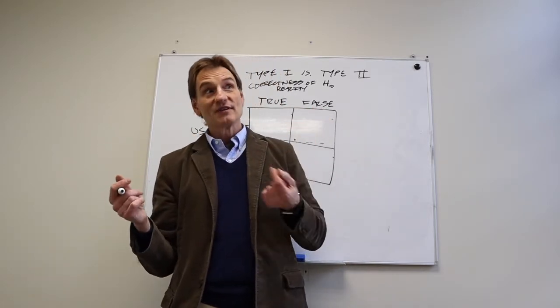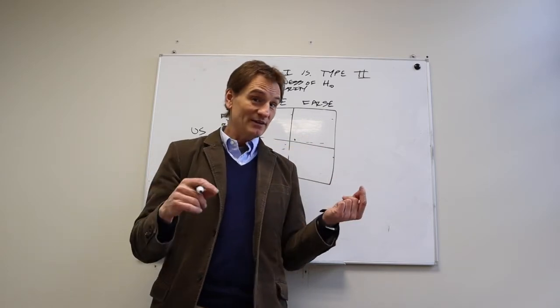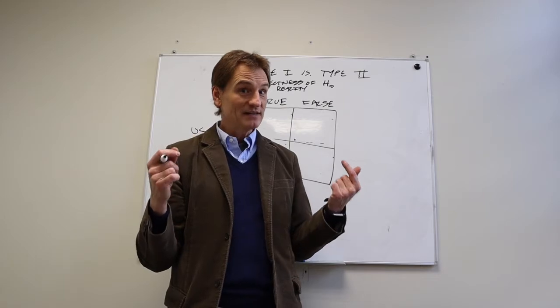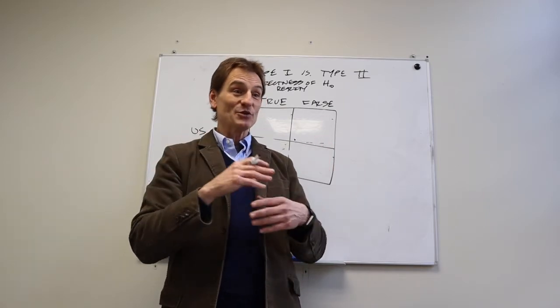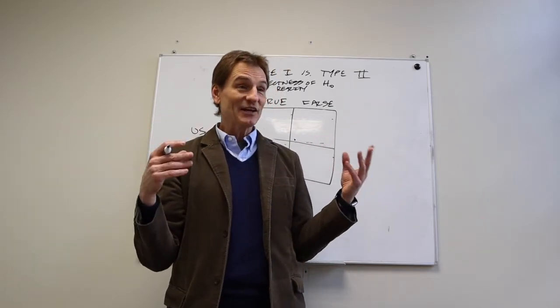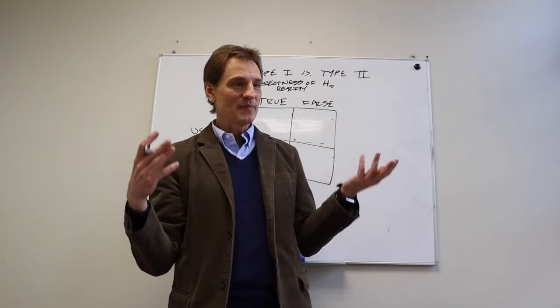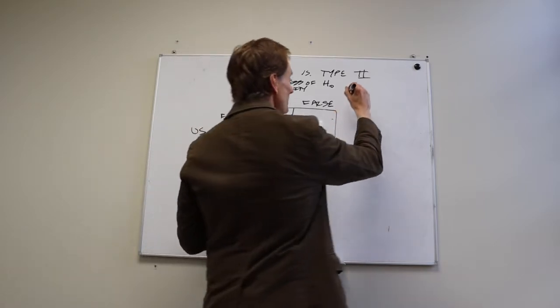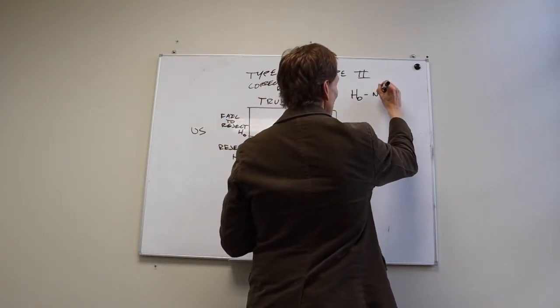So your moms, do they spend most of their life pregnant or not pregnant? Even if they have a lot of children, they tend to spend their lives not pregnant. So if I know nothing else, I can say chances are they're not pregnant, okay? Sometimes people are pregnant, but that's our null hypothesis, that you're not pregnant.